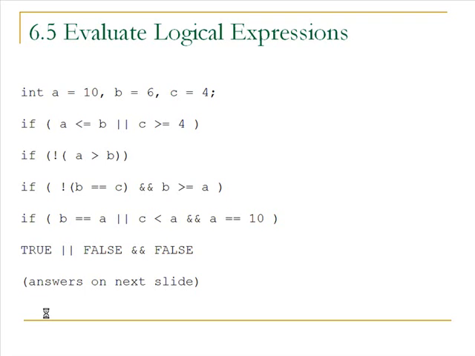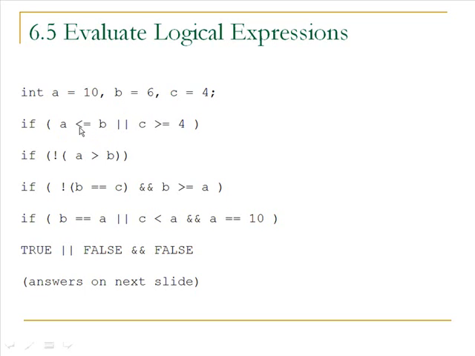Let's look at some examples of expressions that use relationals and logicals. So in this first one, A is less than or equal to B, or C is greater than or equal to 4. What will we do first? Well, we're going to do the relationals, less than or equal to and greater than or equal to. So A is less than or equal to B. What do we have there? 10 is less than or equal to 6.